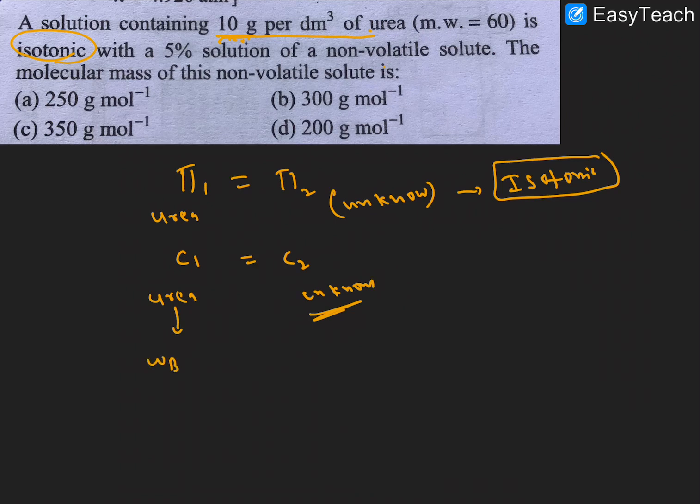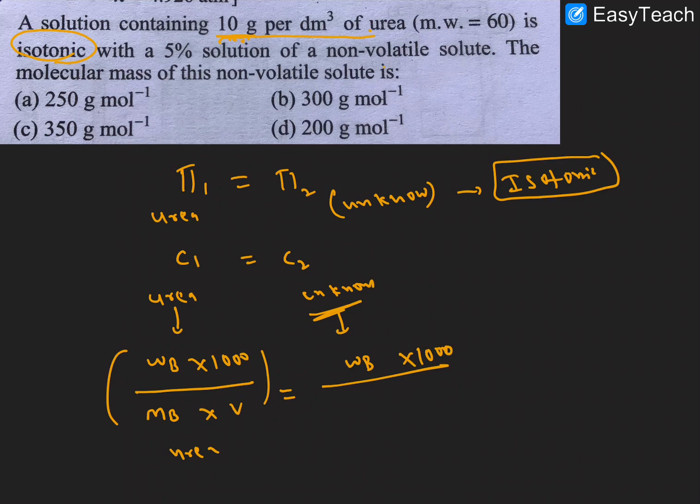So here, weight of B solute into 1000 by molecular weight of B, that is urea, into volume, equal to C2, which is the same: weight of solute into 1000 by molecular weight of B into volume. So this is the unknown solute.